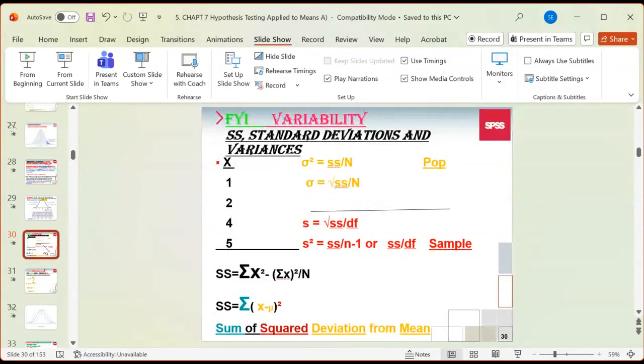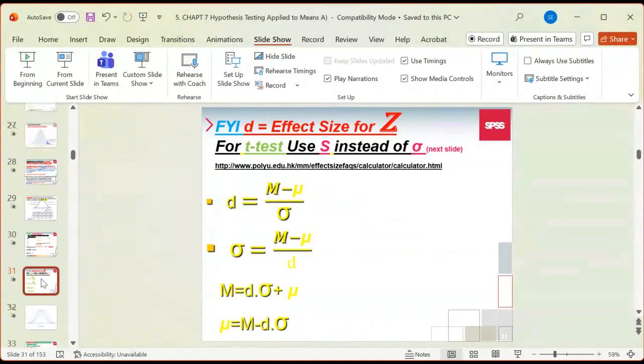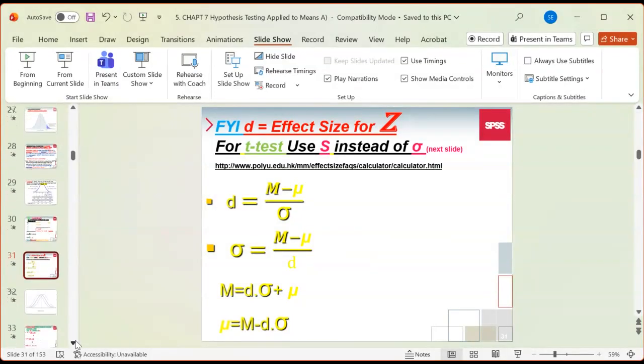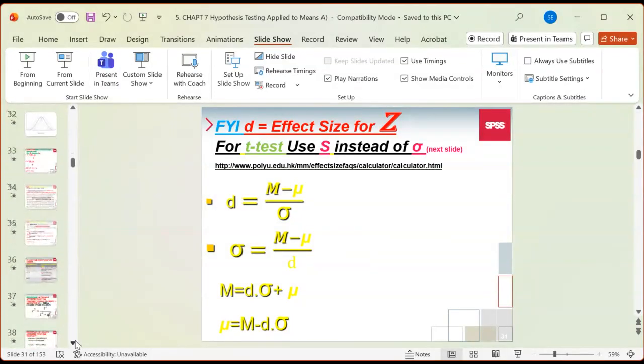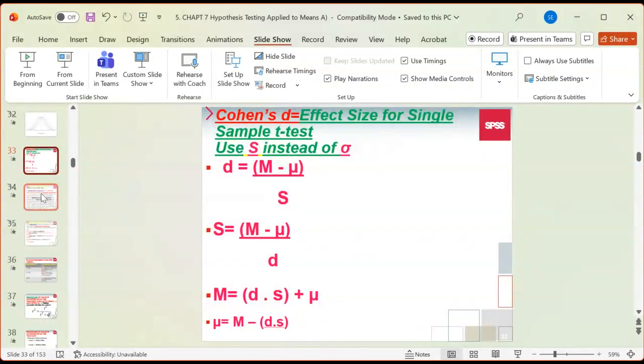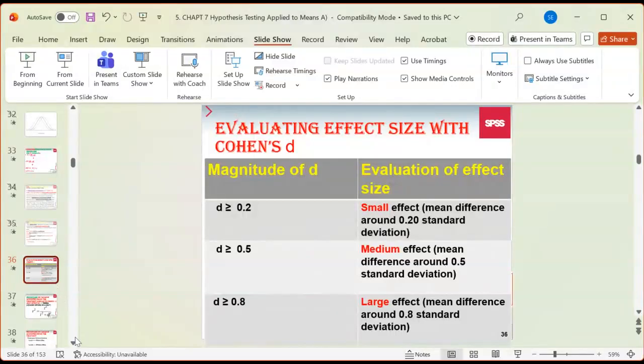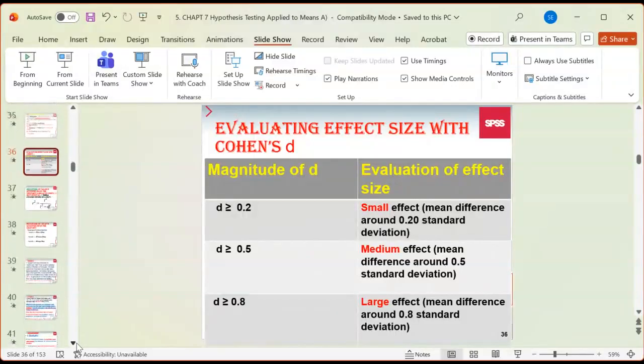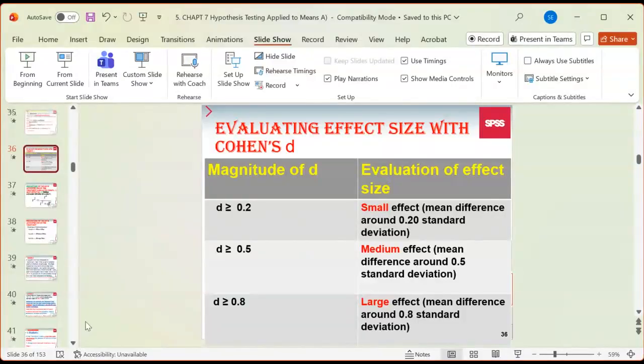Again, back from the previous slides, how to calculate D. I showed you that the slide has all of these formulas. Here's the table for effect size. We already talked about it last time. If D, the difference between the two means, is less than 0.2, there's no effect.